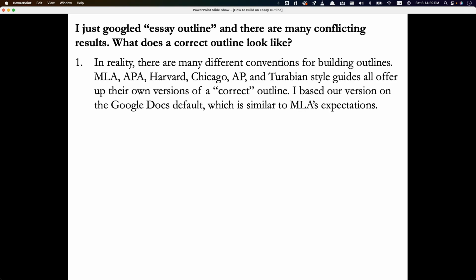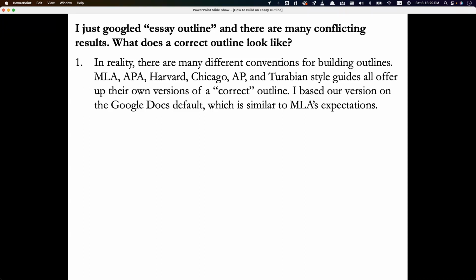And the reality is that the different authorities on writing, so MLA, APA, Harvard, Chicago, Associated Press, Turabian, the different style guides have different ideas about what makes an outline good or formatted correctly. And so I decided to just go with what Google Docs does by default in order to decide what our outline structure should be in this class.